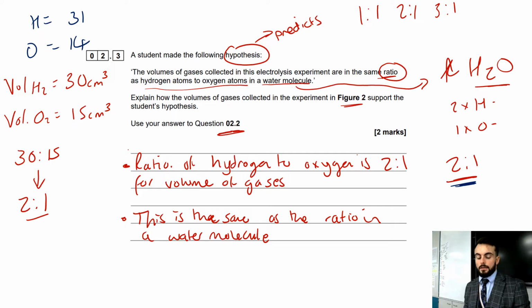You could say the ratio is not 2 to 1, so it is different to the ratio in a water molecule. So you can get away with getting those marks even if you did not measure the volume earlier on. That's another answer that you could have done, but this is the correct answer.